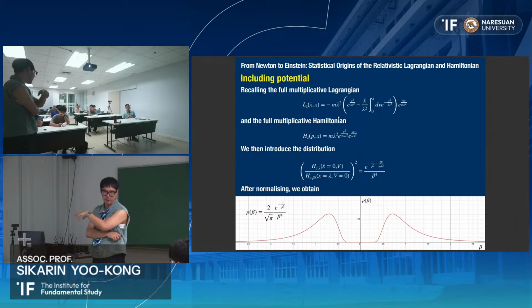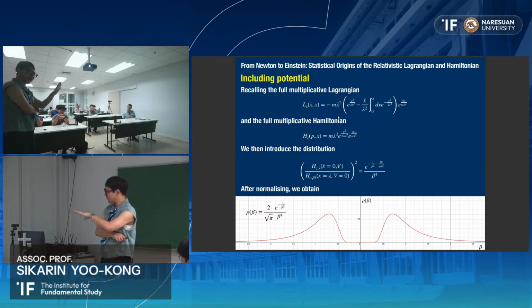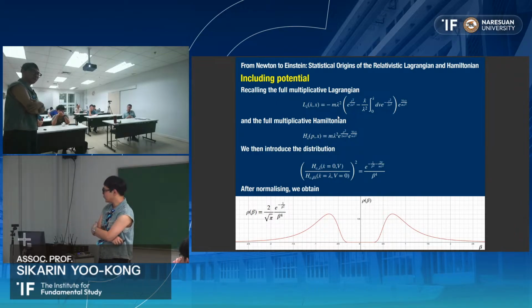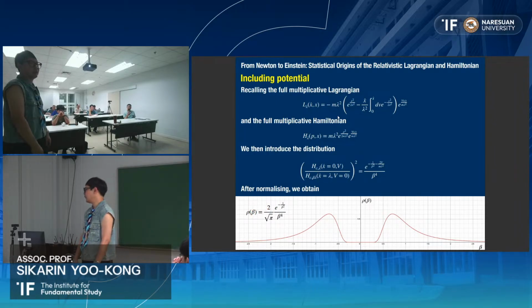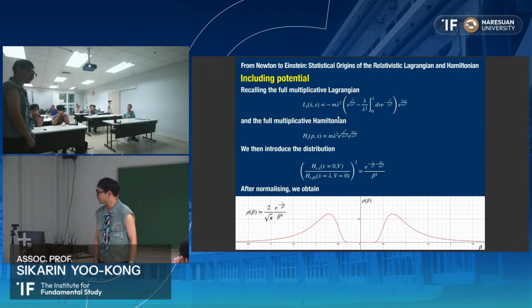We performed the same trick and got the relativistic Lagrangian, and later we realized that we get this new rho related to the ratio. Then we decided to put it into the paper.